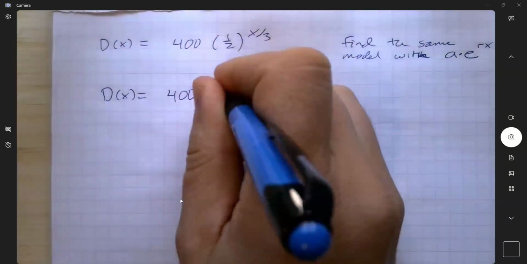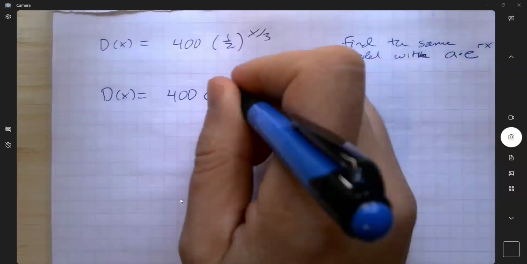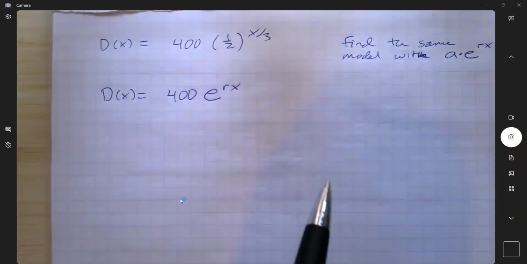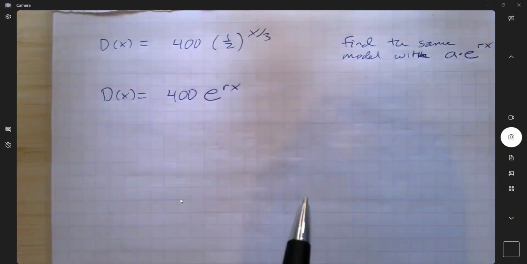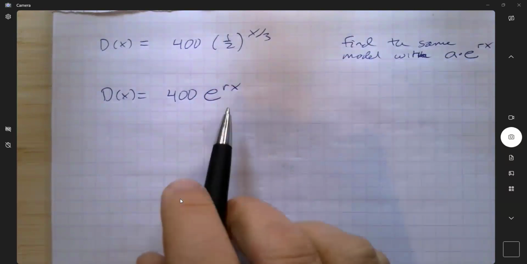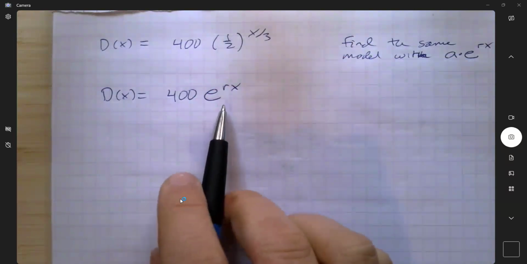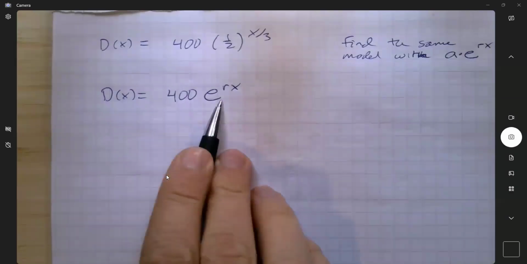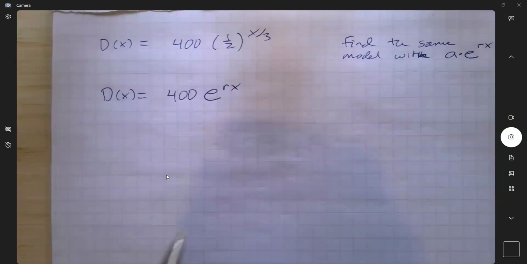And so e to the rx takes the place of the 1/2 to the x over 3. So I'm going to build a table with this information.